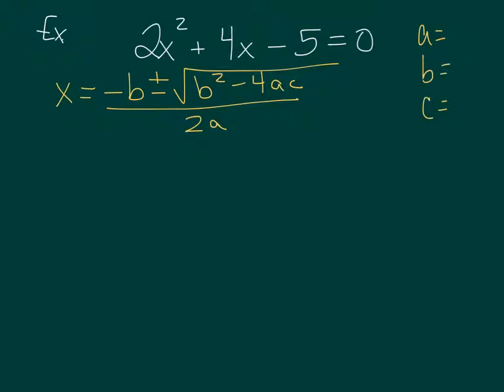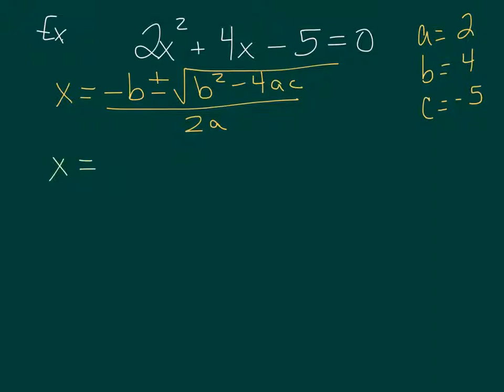So in this problem, my A value is 2 because it is the coefficient that's attached to that term right there. My B value is 4 because it is the coefficient that's attached to that X value. And my C value is -5. So again, anytime you've got the negatives, the minus signs, make sure you bring those over. So now I'm going to start plugging things into the right places.